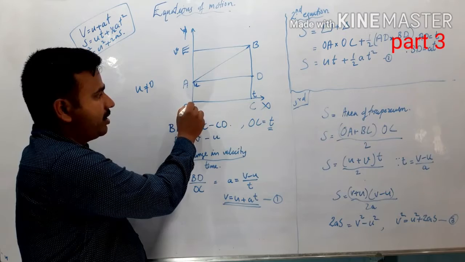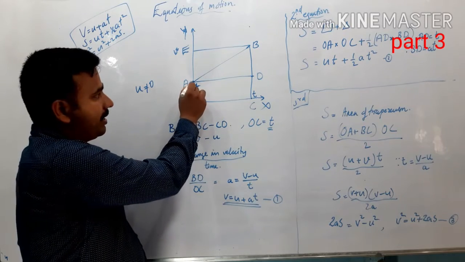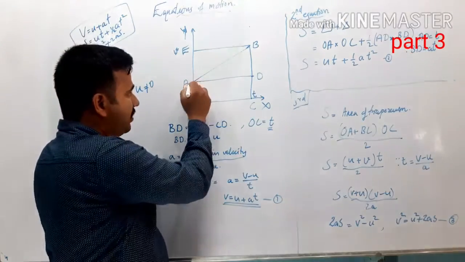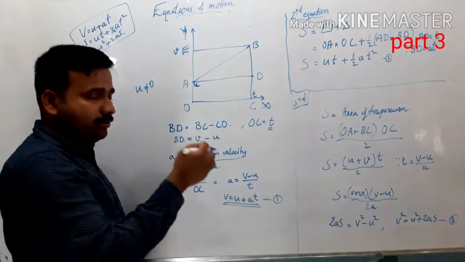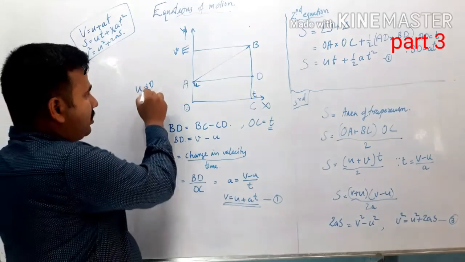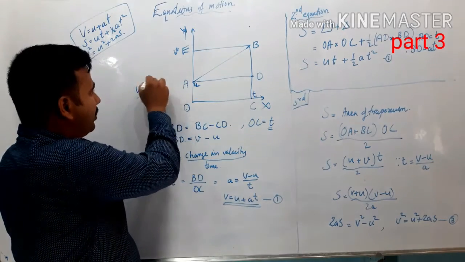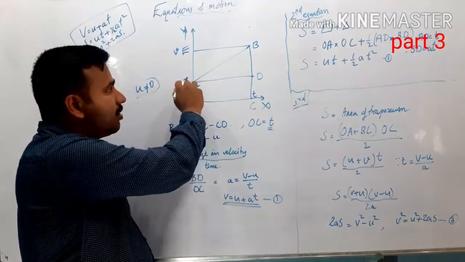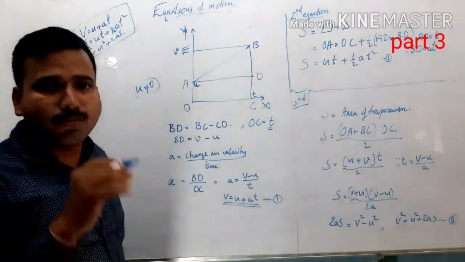OA, from the point O, the origin, to the point A. At the point of consideration, the object is traveling with a certain velocity, say for example 10 meter per second. That's why we are mentioning the initial velocity is not zero. So this is an example of uniformly accelerated motion.